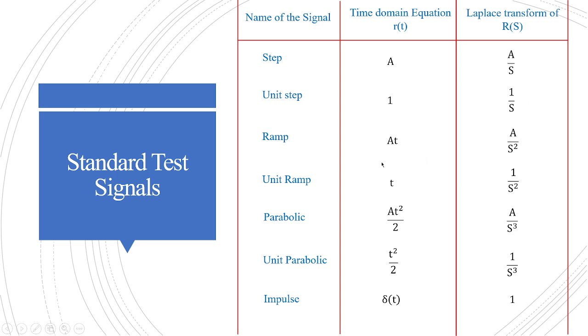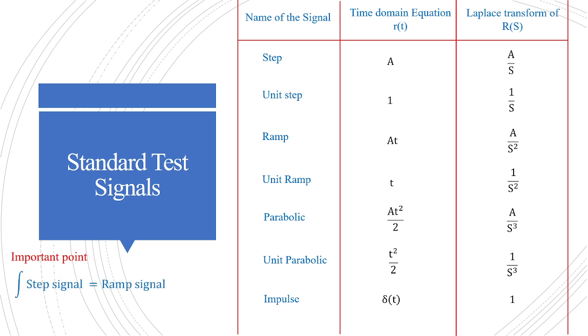The basics of Laplace transform and inverse Laplace transform you should learn when you're dealing with control systems or signals and systems. This is an important basic, and you should remember all these formulas and know how to apply the Laplace transform for different types of signals given to you.